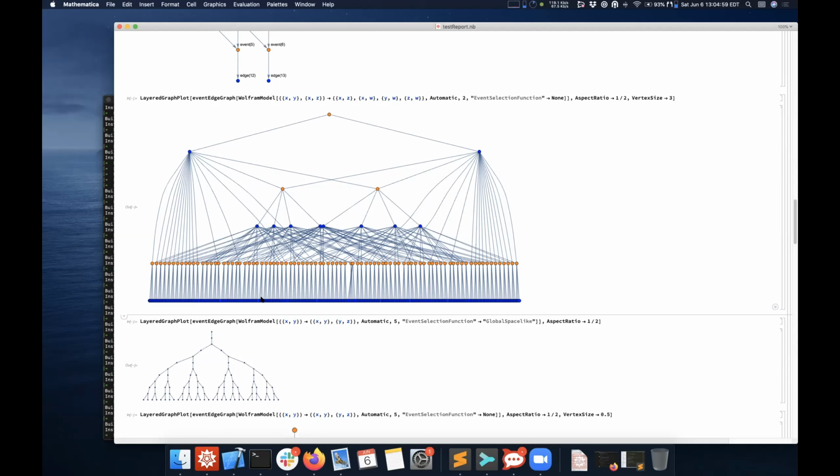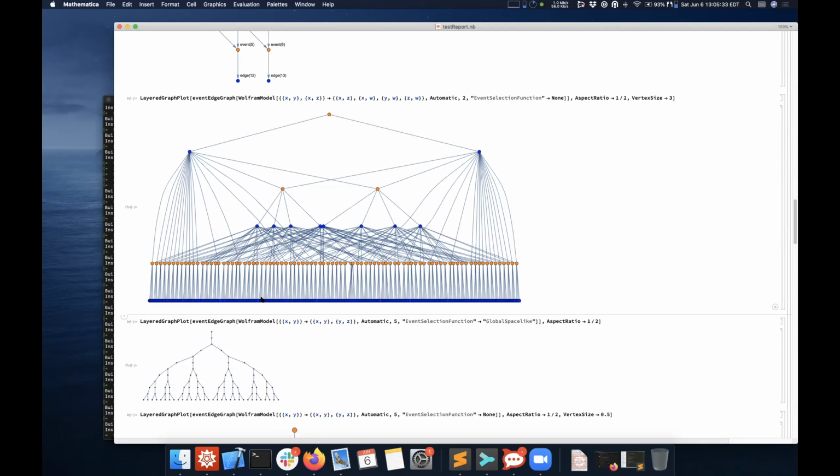So from the edge event graph, this graph immediately gives us the multi-way causal graph, right? Just by the way that we elide out the edges and we've got relationships between events, correct? Yeah.